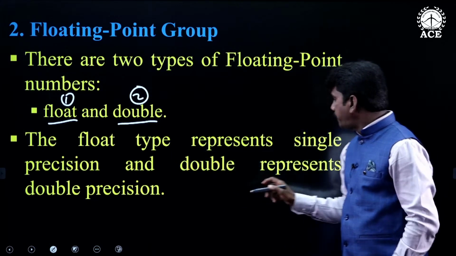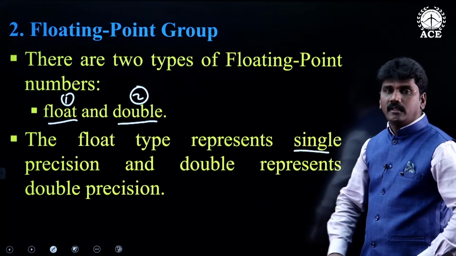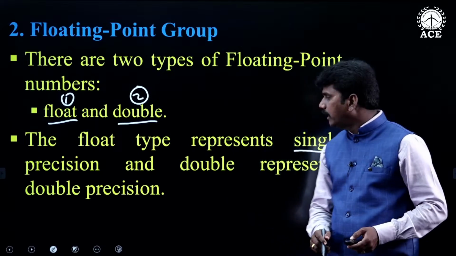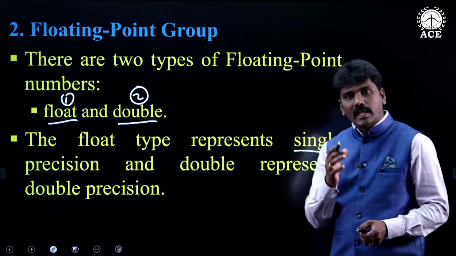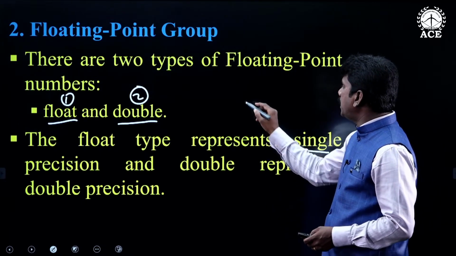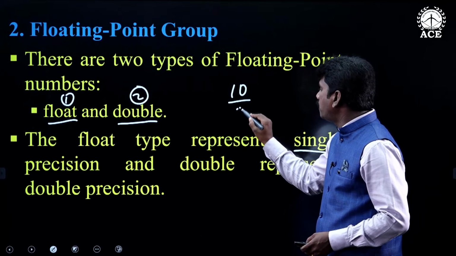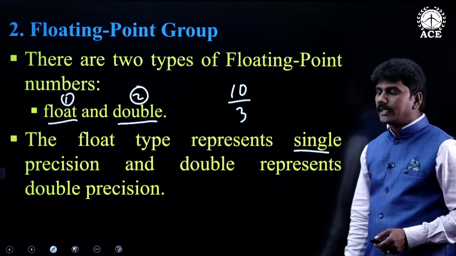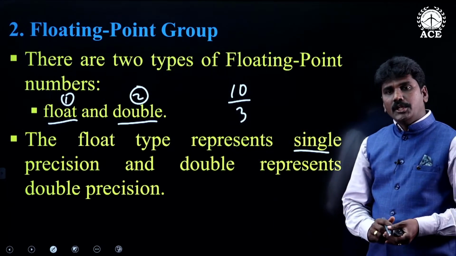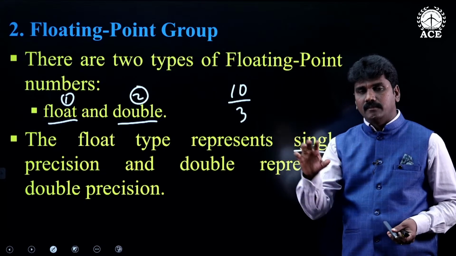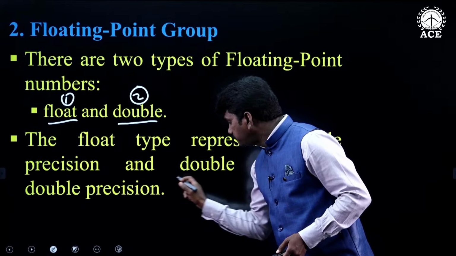The float type represents single precision and double represents double precision. What is this single precision and double precision actually? If you would like to compute some operation like 10 by 3 using a floating point type, and you would like to see the accuracy clearly, then we can go with the double data type.